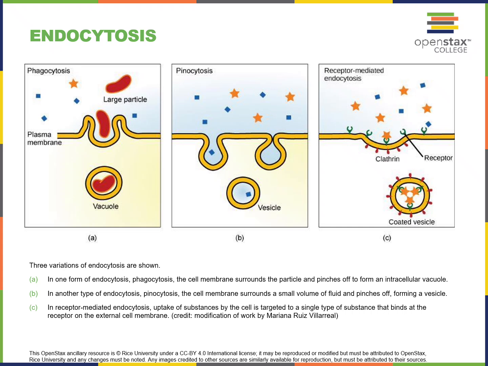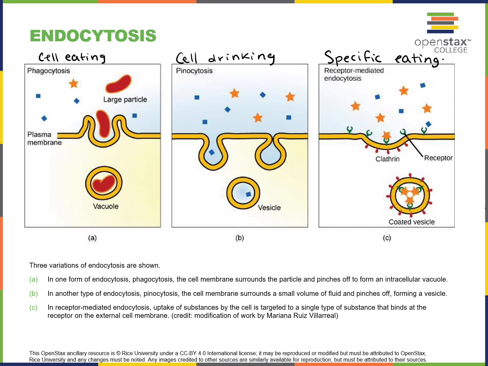The first is phagocytosis. This is cell eating. The second is pinocytosis. This is cell drinking. And then receptor-mediated endocytosis is where a specific receptor will form a vacuole.